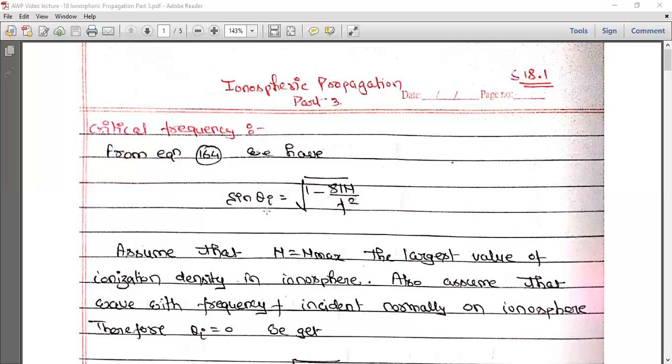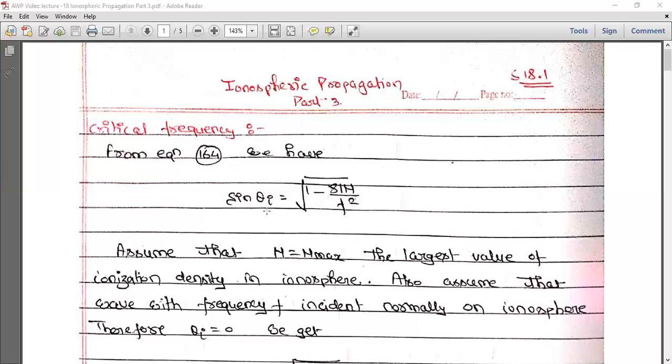At a particular height from the lower edge of the ionosphere, the electron density becomes maximum. We assume that at that height the maximum value of electron density is given by N max. So capital N, the free electron density, becomes maximum at a particular height, the largest value of the ionization density in the ionosphere. We can consider this height to be H max, but we do not need that particularly.